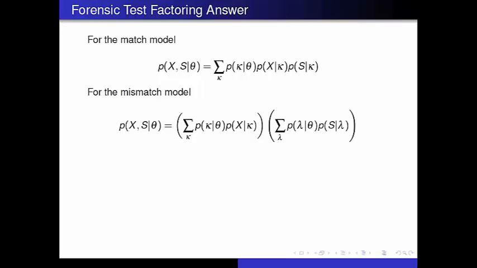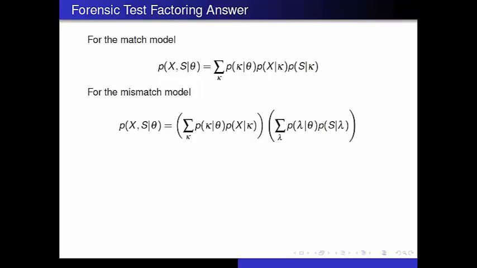For the mismatch model, the problem is a little bit more interesting. We've got two variables, kappa and lambda, that we're summing over. And if we look at our joint probability equation, we've got two terms that have kappa but don't have lambda, and we've got two factors that have lambda but not kappa.